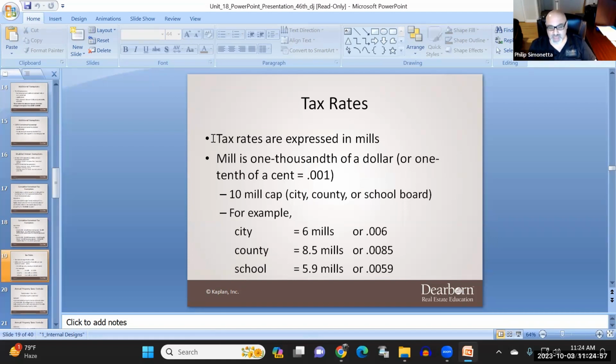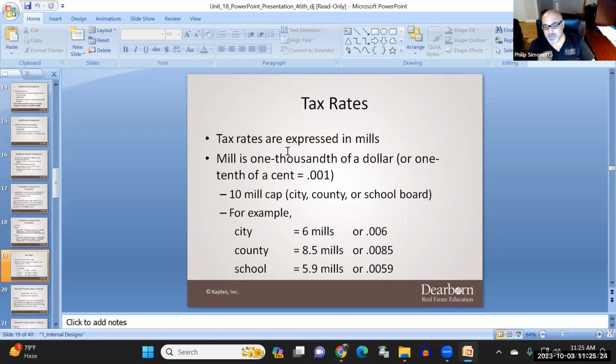So tax rates are expressed in mills. A mill is a 1,000th of a dollar or 1/10 of a cent, 0.001. For example, with a 10 mill cap for city, county, or school board, the city is 6 mills or 0.006.